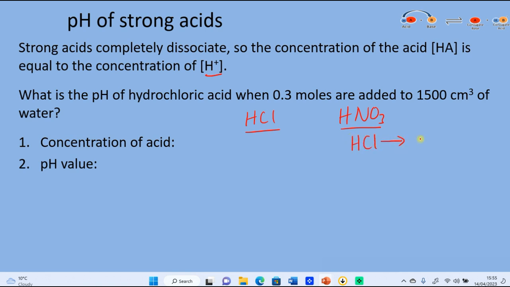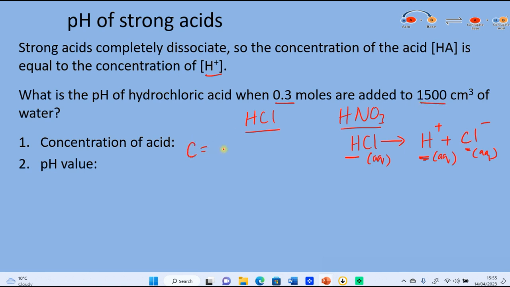Say for example, HCl completely ionizes into the ions once it is in solution, right? Once in water, it completely ionizes. So the number of moles of HCl is going to be equal to the number of moles of H plus and the number of moles of Cl minus, right? So all you need is the concentration of the acid. So you've got 3 moles in 1500 centimeter cube.